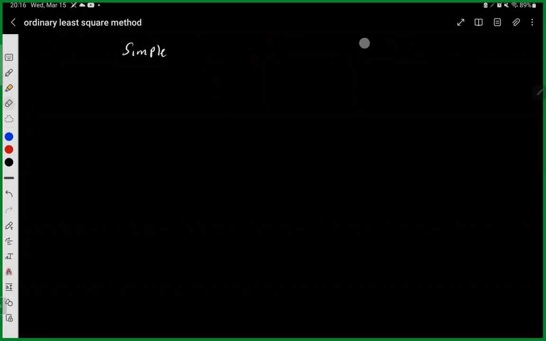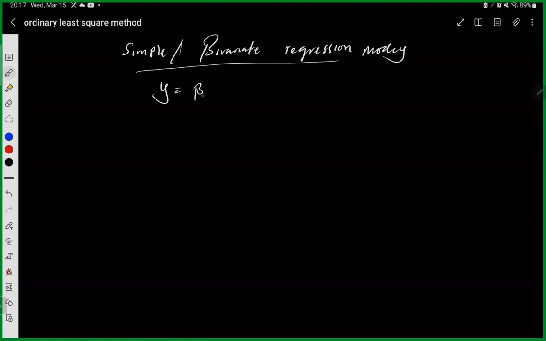Let me write it properly: simple or bivariate regression model. We will have something like this: beta naught plus beta 1 x plus mu.